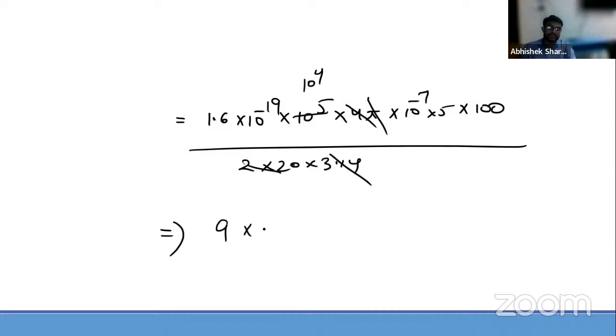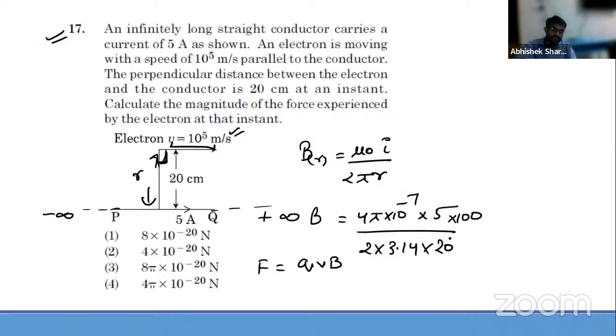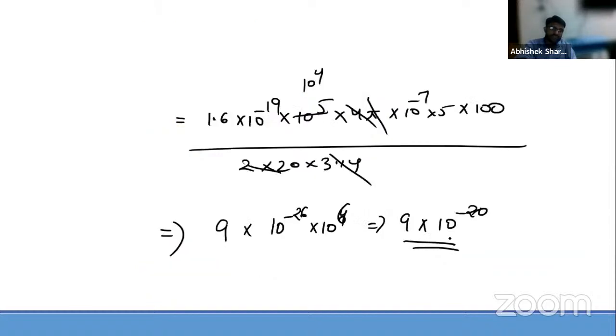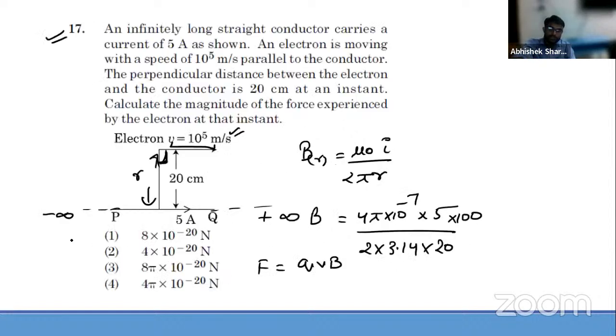This is 10 to the power 4, 10 to the power 6. 9 into 10 to the power minus 20. So the answer will be 10 to the power minus 20 Newton is the force. So the answer is first. Very easy, very well simplified. The pi factor will not remain. See, pi here and here also. It will go. Okay?